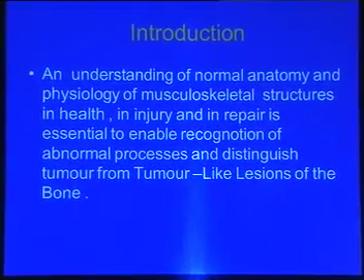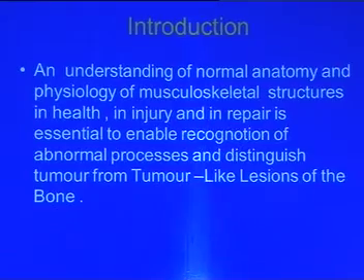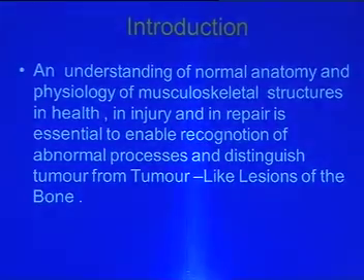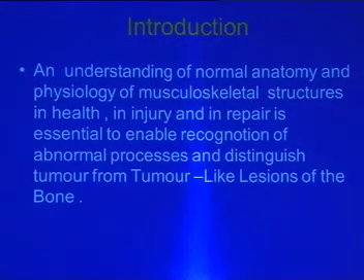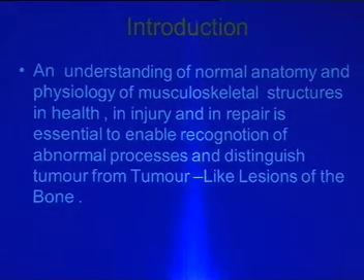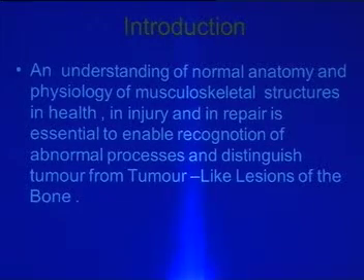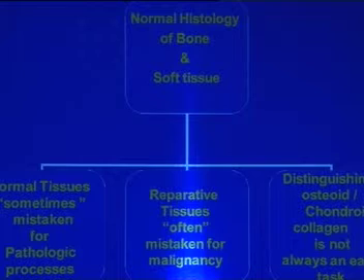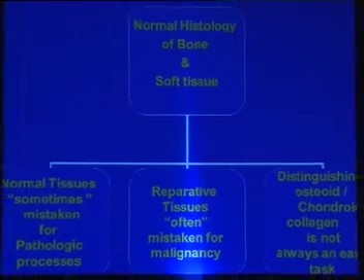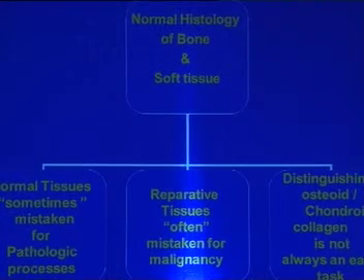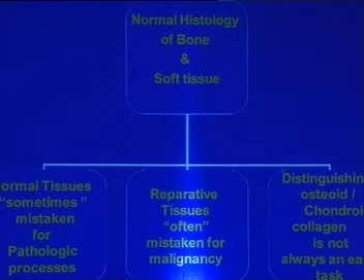Understanding normal anatomy and physiology of musculoskeletal tumors in health, injury, and in repair is essential to enable a pathologist to diagnose tumors and differentiate them from tumor-like lesions and from the true sarcomas. That's because normal tissues can sometimes be mistaken for pathologic processes, and reparative tissues are often mistaken for malignancy.